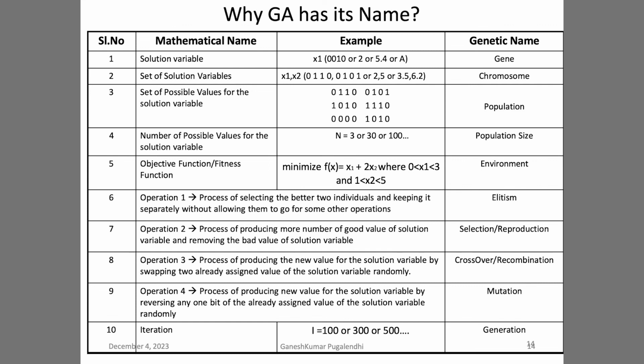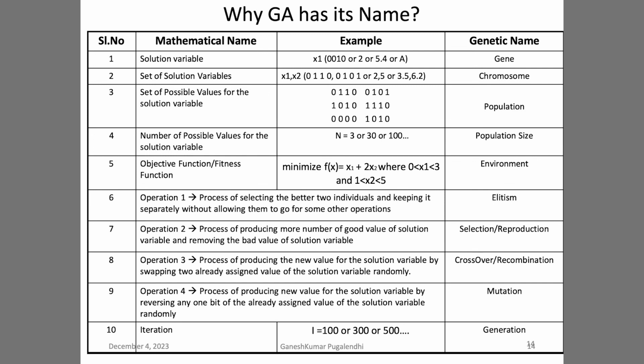The objective function or the fitness function that I chose is called the environment. And the 4 possible operations we have to do are called elitism, that is selecting the best 2 individuals, then selection, keeping the best copy and giving more priority, crossover as well as mutation. And the final thing is generation, how many iterations have to be carried out.